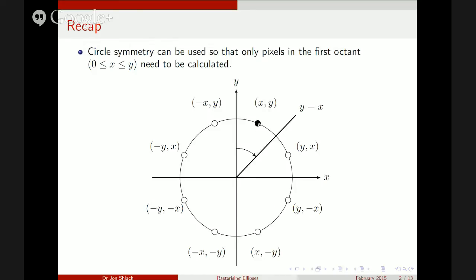So if this is x, y, swap x and y around, I've got this point, negate x, I've got this point, etc. Once we've got x and y, we just have different combinations of x and y to give us our points on the other options. So we cut down our work significantly by doing so.